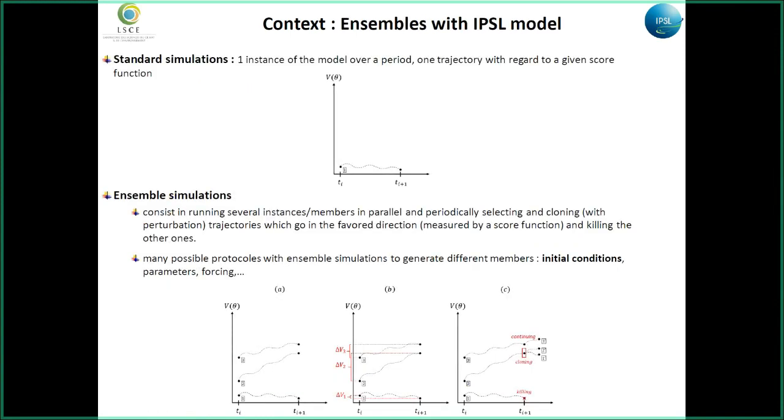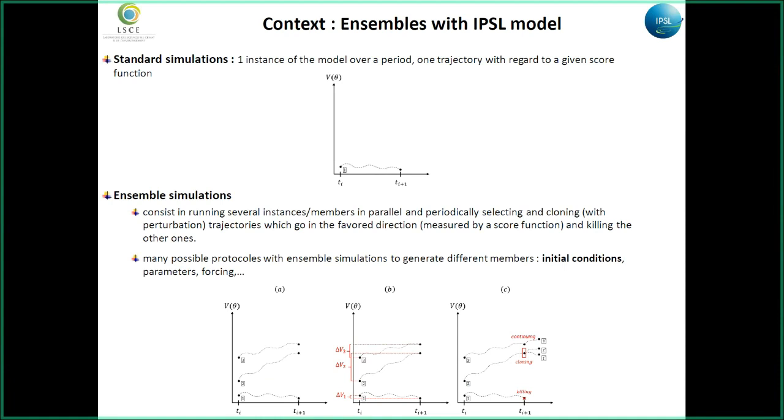So let's get into the subject of ensembles by defining the difference between a standard simulation and an ensemble simulation. A standard simulation is when you have only one instance of your model, which runs over a period and follows one trajectory with regard to a given score.